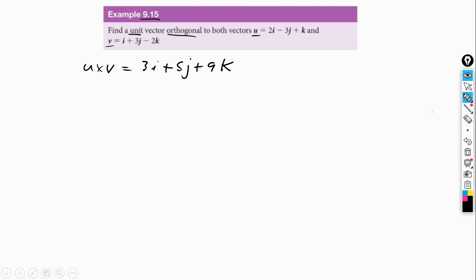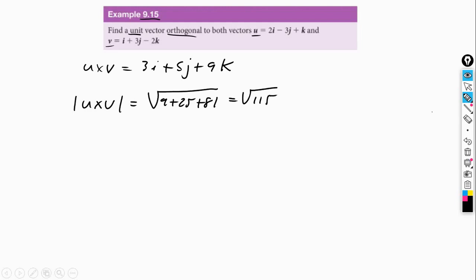But we would have to divide this by its magnitude if we want to get the unit vector. So we need the magnitude of u times v, and that's going to be the square root of 9 plus 25 plus 81, which is equal to the square root of 115.